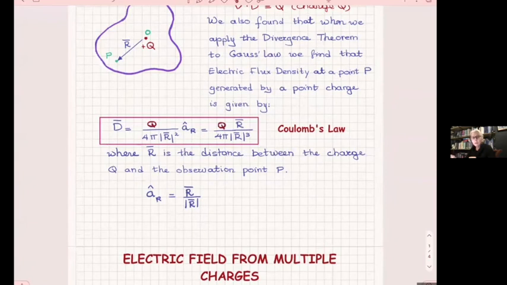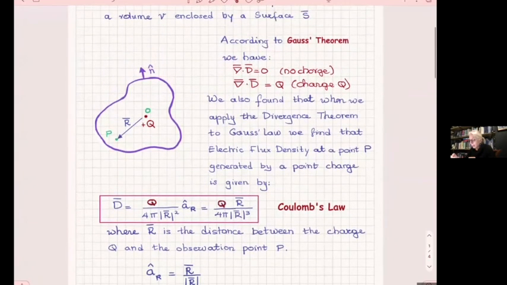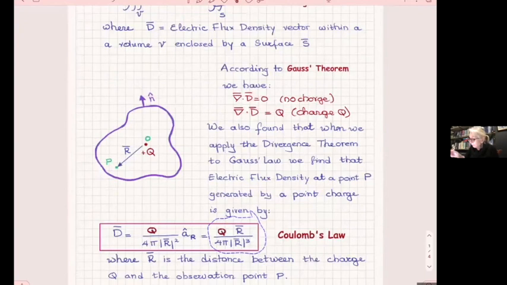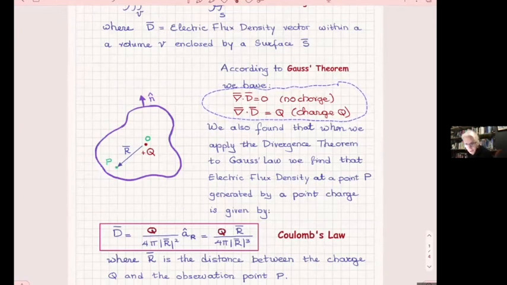However, I have to say one thing, and you will see it in some of the examples we have today: starting with Coulomb's law, the one that I have here, to find the total field by many charges, or by a source, by a charge that has a density distributed, is going to be more difficult than if we were to start with Gauss's law, which is this one here, and then apply to that the divergence theorem for that particular case we have.